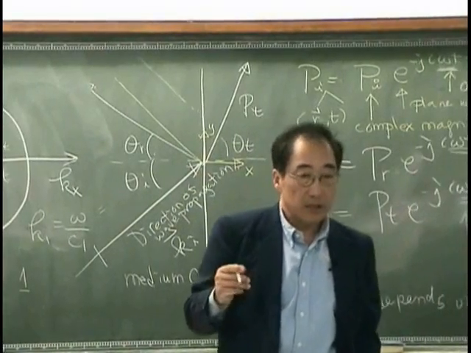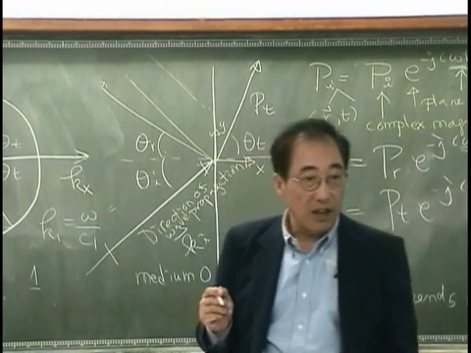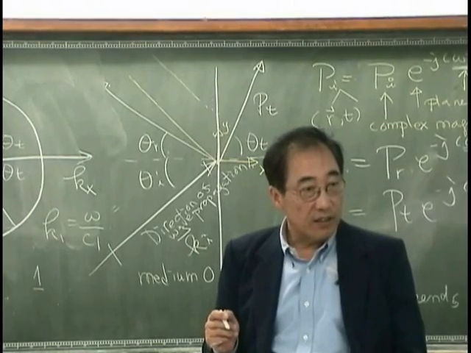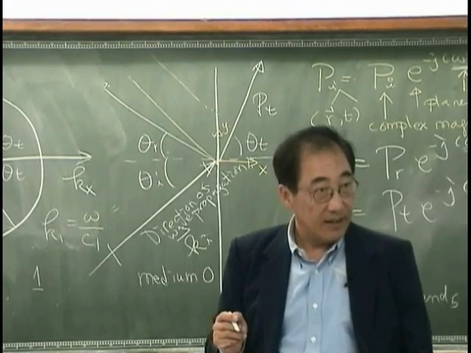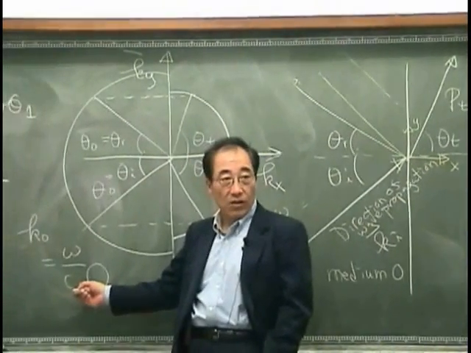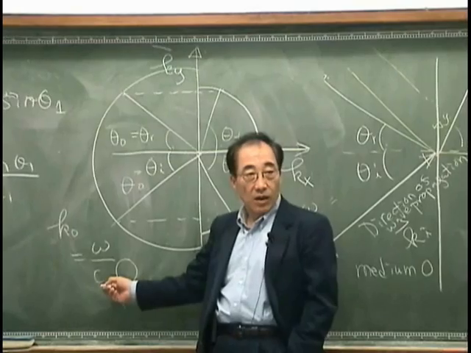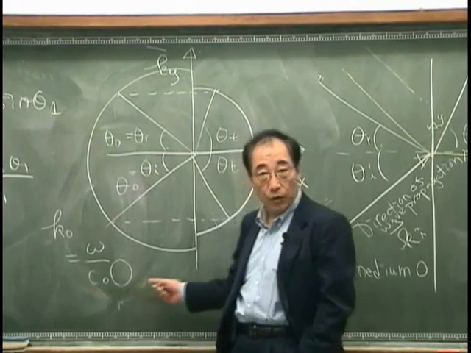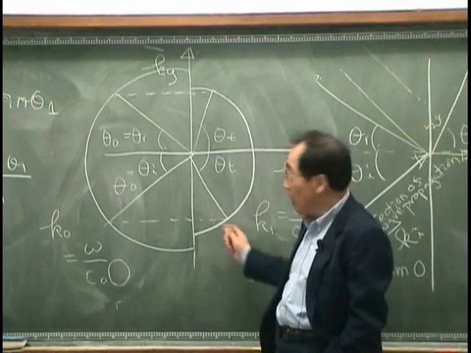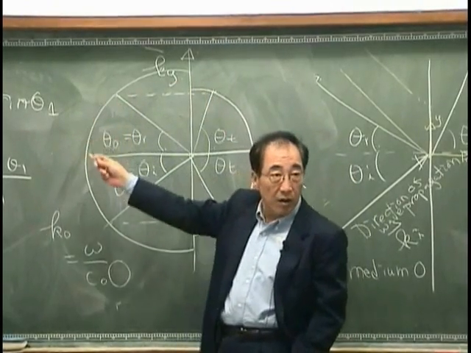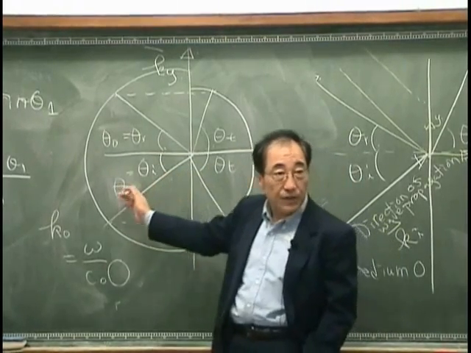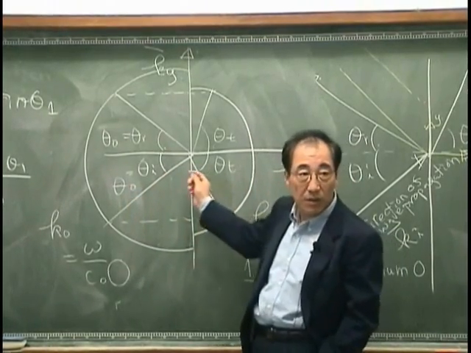That means I am sending my voice from air to water. Air C0 is small compared with C1 in water. So I have a bigger wave number circle over here on the left hand side and a small wave number circle over here.